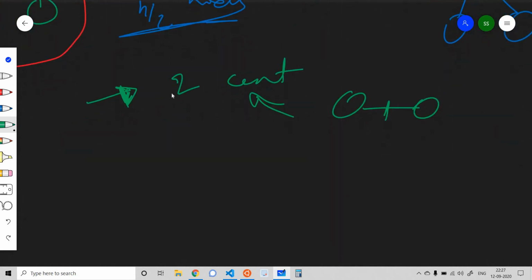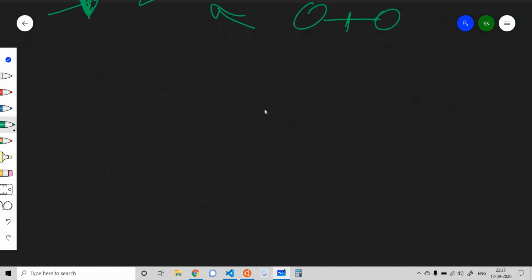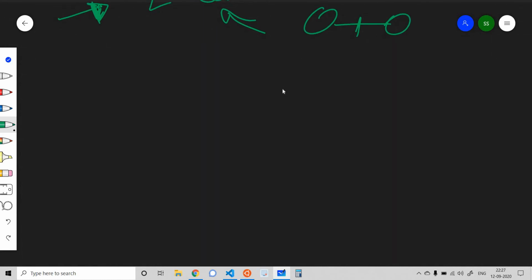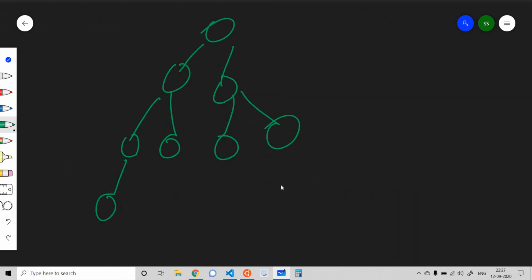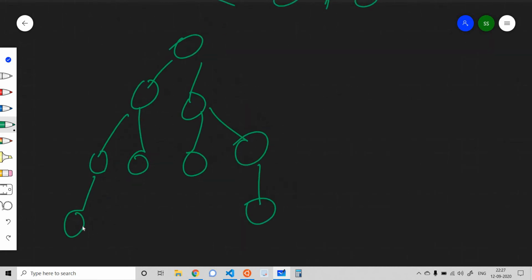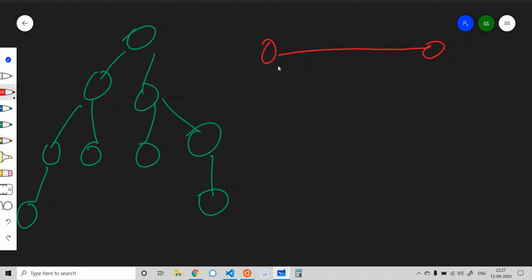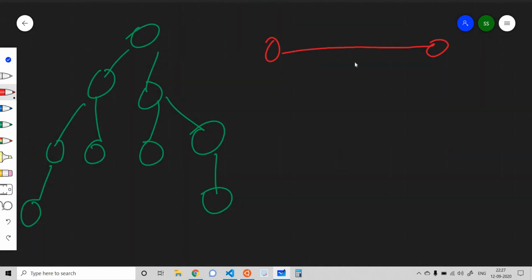So what I thought about this statement is, suppose we are having any tree. What we can do is pick two nodes from these n nodes, and we should be picking the endpoints of the longest path we can have in our tree, that is the diameter.